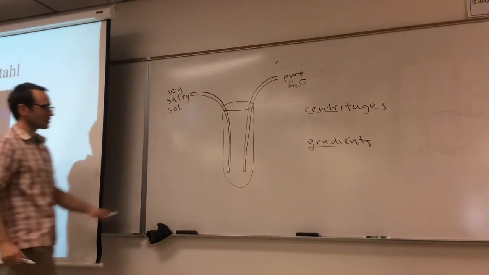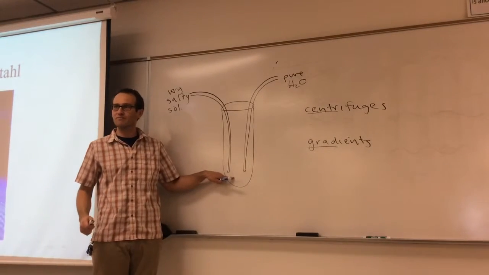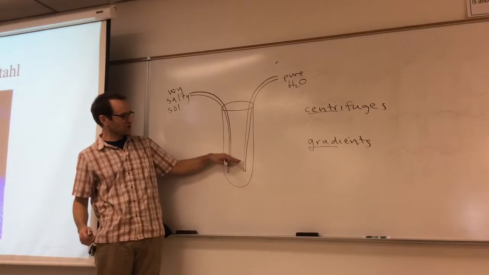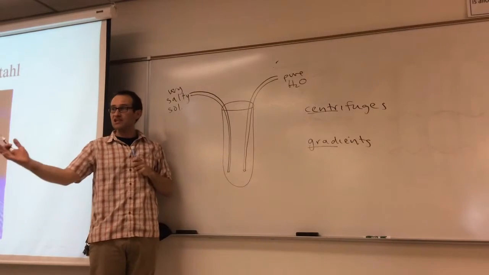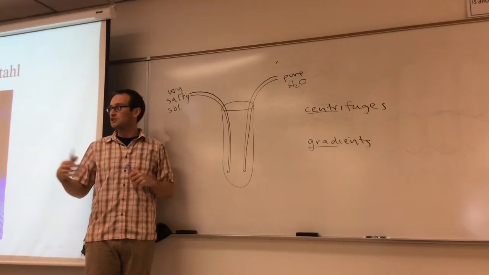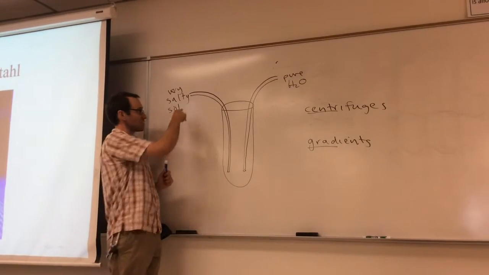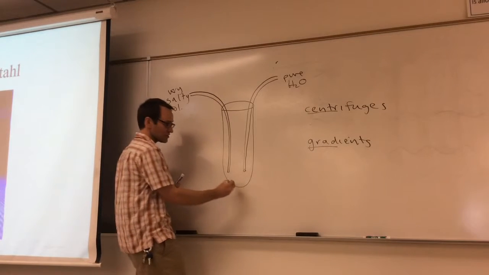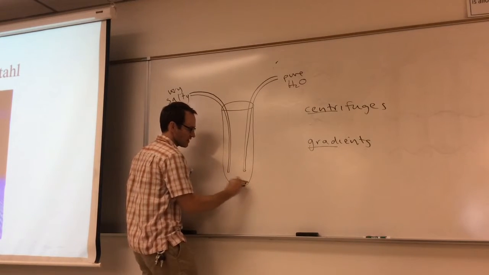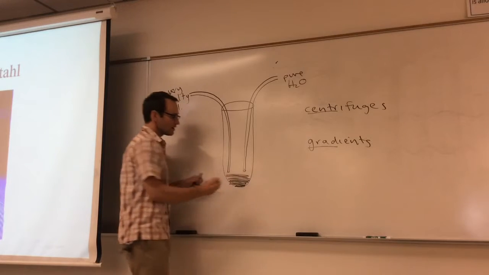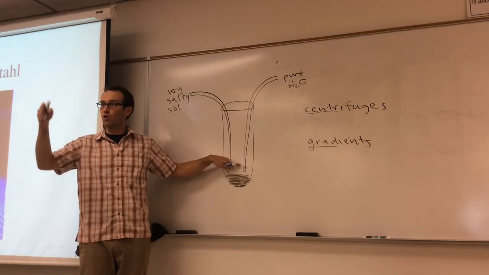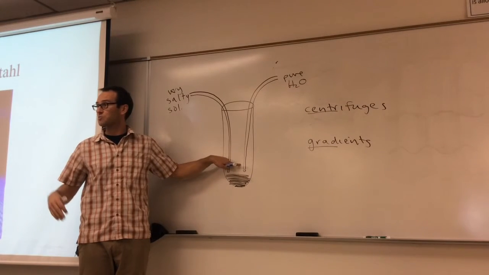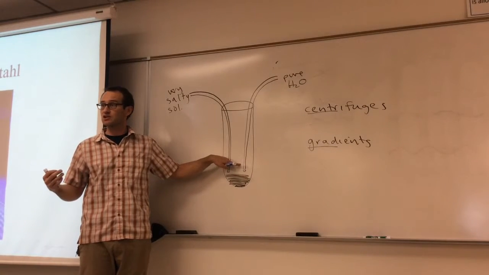So if I start filling the tube from these hoses, and as I fill, I start sort of pulling these tubes up out of it, and change the relative amounts that are coming into the tube from the two sides. That is, if I start just filling with really, really salty solution, the bottom of this is going to be incredibly salty. But then as I start filling, I add a little bit of water, and then keep adding more and more water, so it becomes a larger and larger proportion of what's being added to the tube.